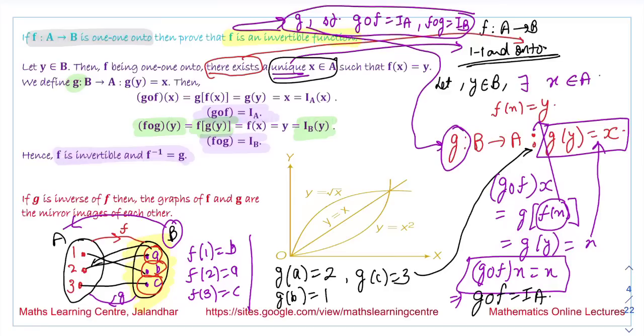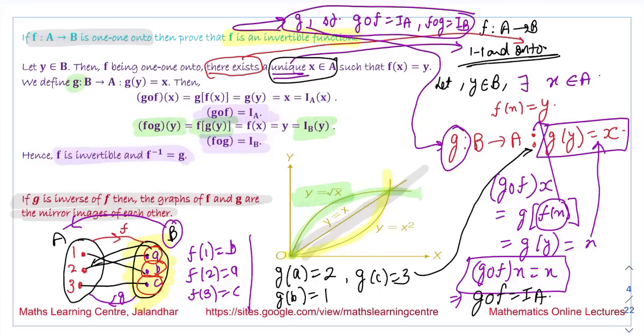Now the next result written over here is, if g is the inverse of f, then the graph of g is the mirror image of f, and the graph of f is the mirror image of g. This is shown over here: if the graph of the function y is equal to x square is this, then we have considered a line y is equal to x, and the image of y is equal to x square is this, and this is the graph of the function y is equal to square root x.